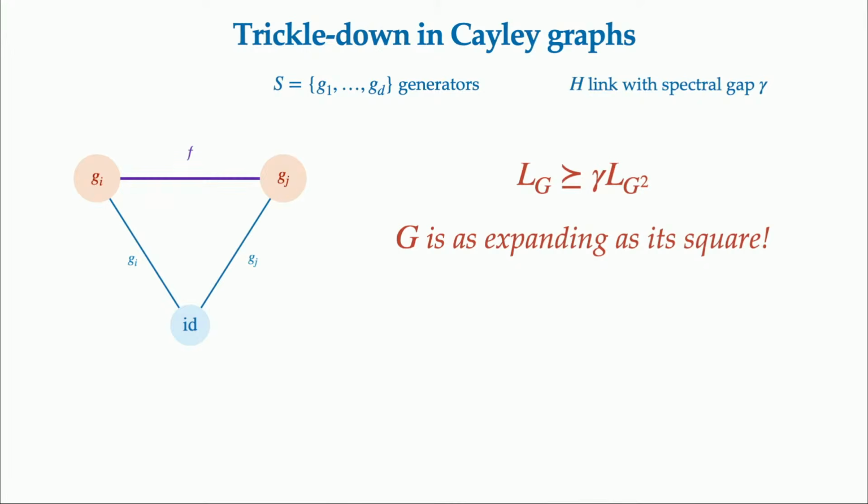We know that the square graph improves the expansion, but this is saying that you're already as good as whatever the improved expander is.